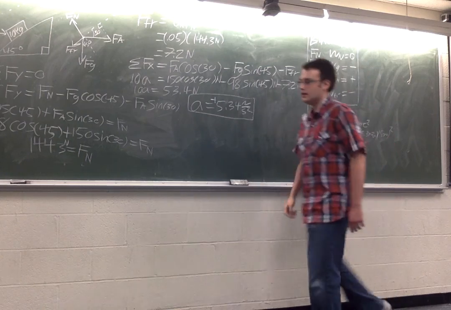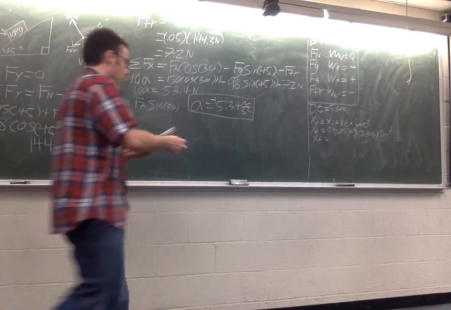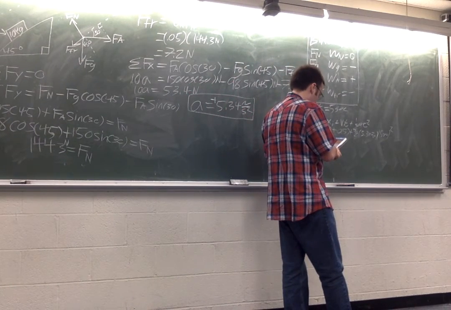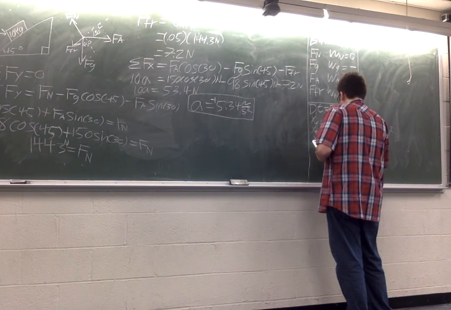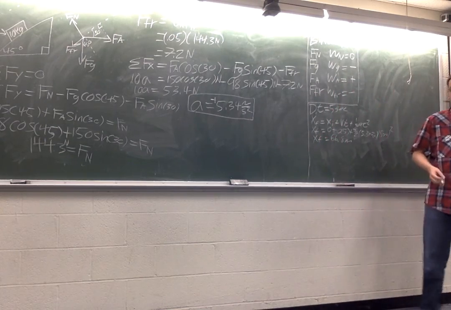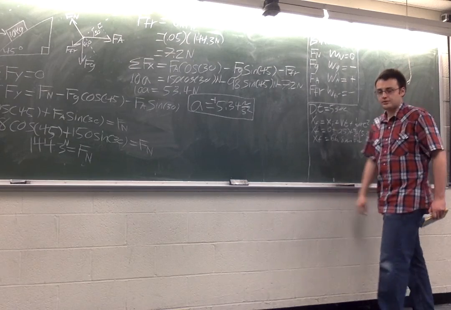That should give us our displacement, or distance that we've traveled up the incline, to be 66.8 meters, which we will define as d for the rest of the problem.